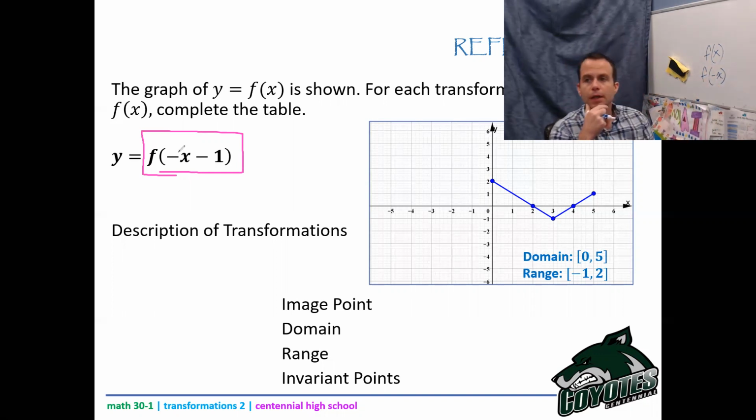Okay, now let's say I want to go to the right, I don't care, 2 units. I want to go to the right 2 units. So now when I want to go to the right 2 units, I replace x with x minus 2. I'm not replacing -x though, I'm replacing x.